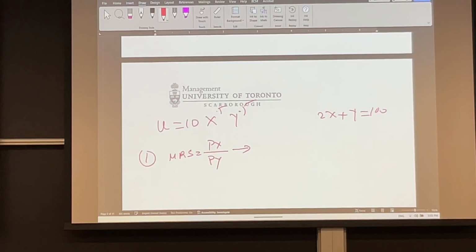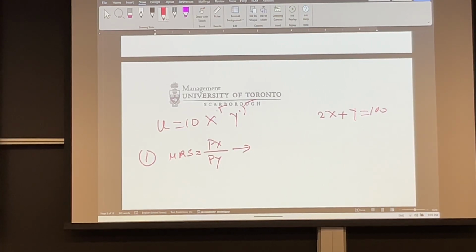That's Cobb-Douglas. What's the MRS for it? Don't want to memorize the shortcuts? You have to calculate UX and UY, divide them, solve it. That takes time. What was the shortcut? Alpha divided by beta, times y over x. What was alpha? That's the power of x.